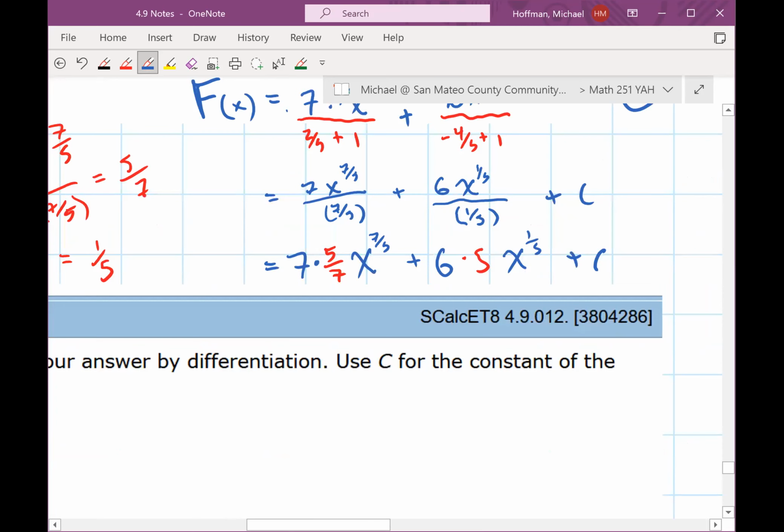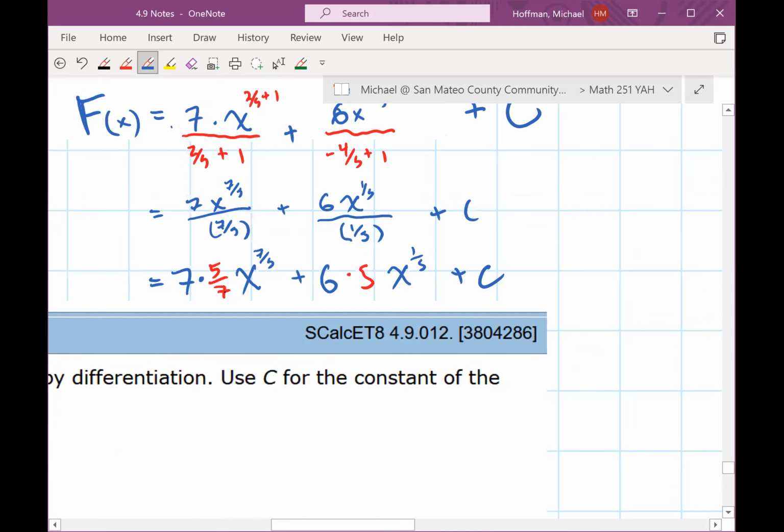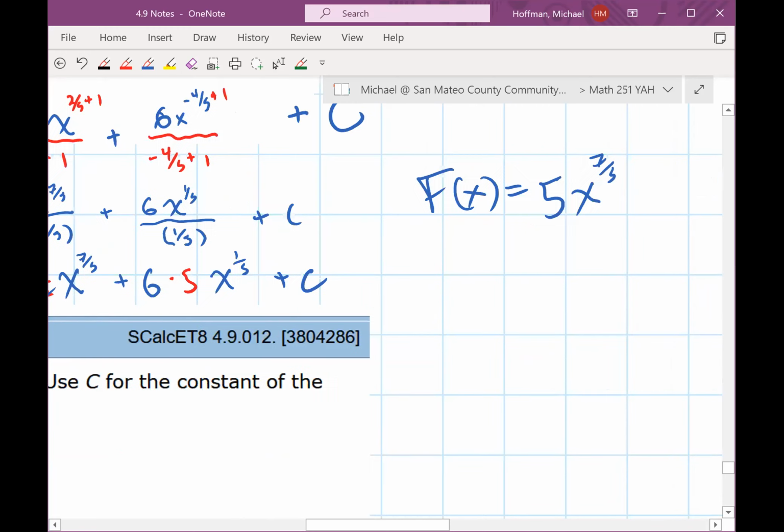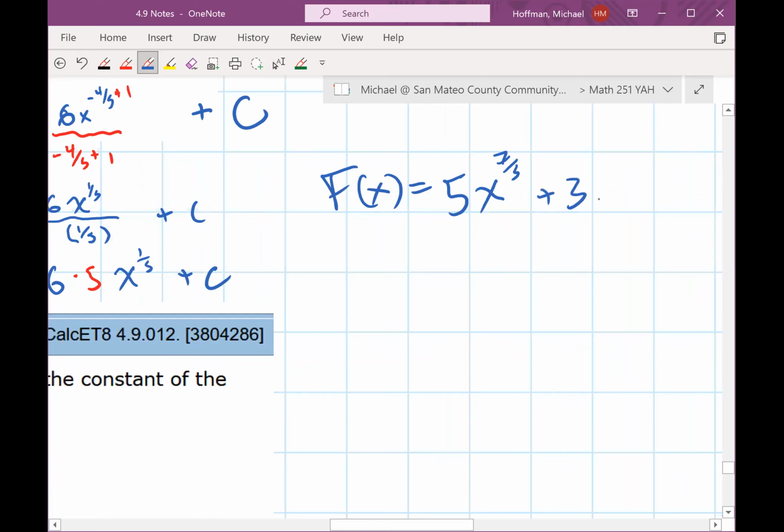And so our final answer, we simplify these things. Notice, the 7 cancels. This becomes a 30. We have our answer. F of x is equal to 5 times x to the 7/5 plus 30x to the 1/5 plus our constant c.